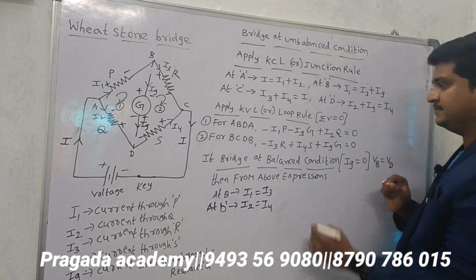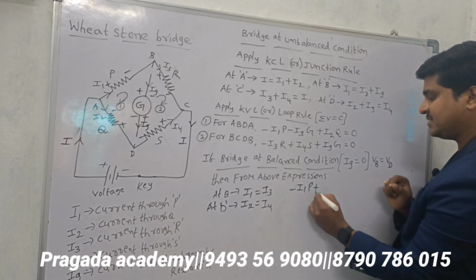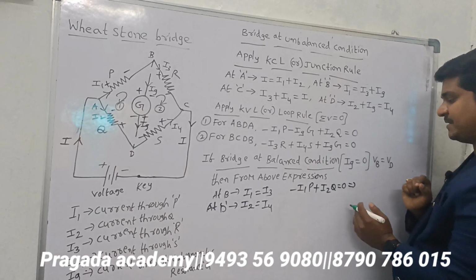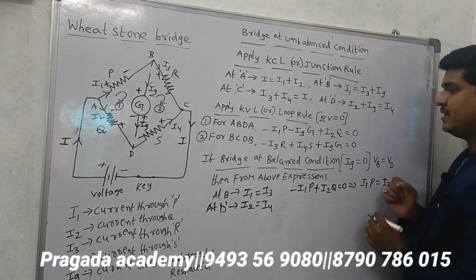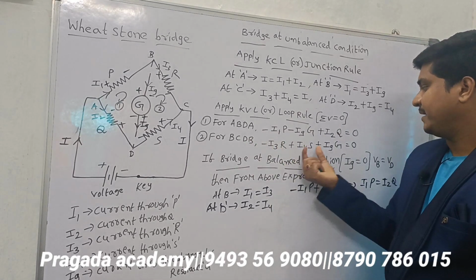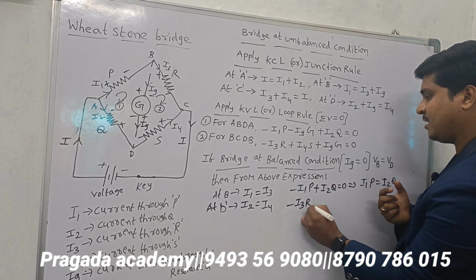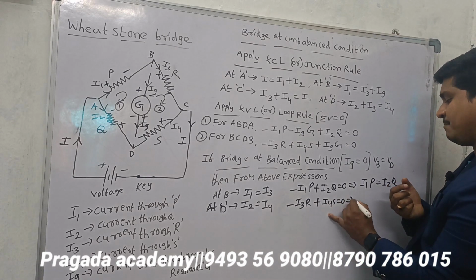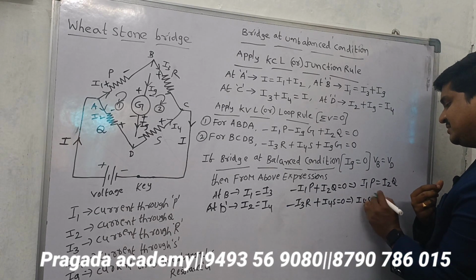Coming to the KVL, here IZ 0 means minus I1P plus I2Q equals 0. Minus I1P coming to the right side becomes plus, so you will get I1P equals I2Q. Next, for the second loop, IZ 0 means you will get minus I3R plus I4S equals 0. The minus value coming to the right side becomes plus, so you will get I4S equals I3R.